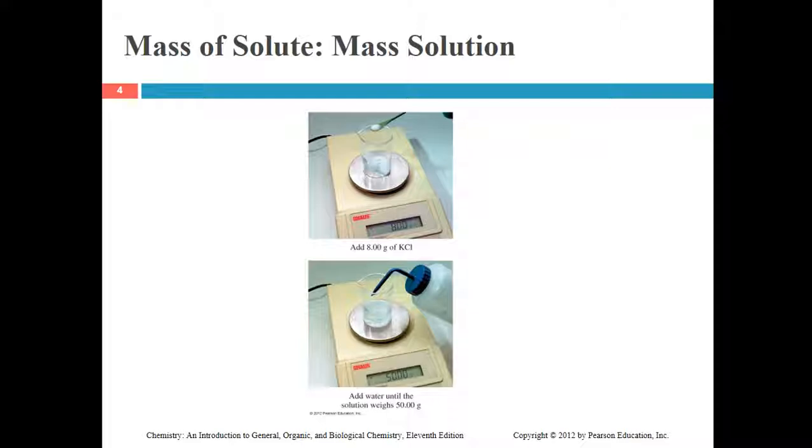So let's say you needed to find the mass percent. You're weighing out your solute. You put it in your beaker and it's 8 grams. Then you put water in, and it's not that you put in 50 milliliters of water. It's that you put in water till it equals the mass, the 50.00 grams of the whole solution.